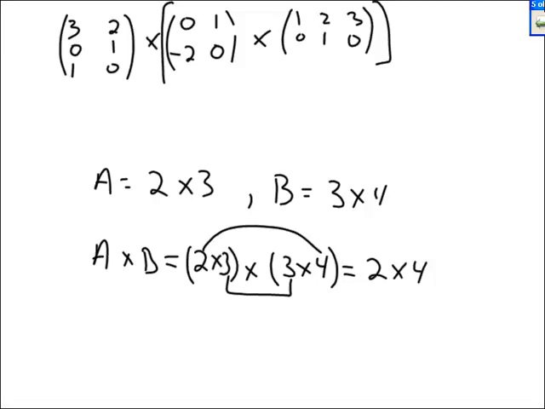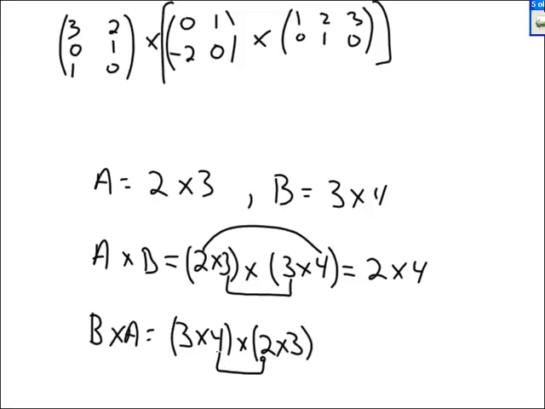Say A times B is well defined. Notice that B times A is not. B is 3 by 4, and A is 2 by 3.